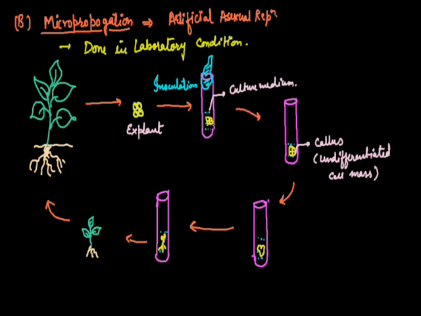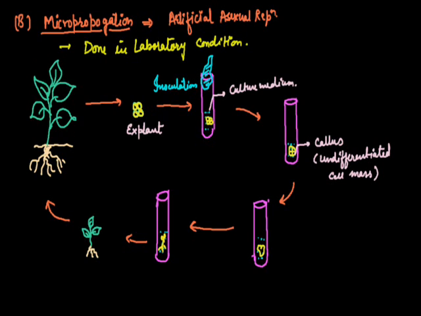Here the explant cell will obtain nutrition from the culture media and later on it grows and divides. After the division of cells, you will get a mass of cells that is undifferentiated, and has the capability to develop a whole plant.